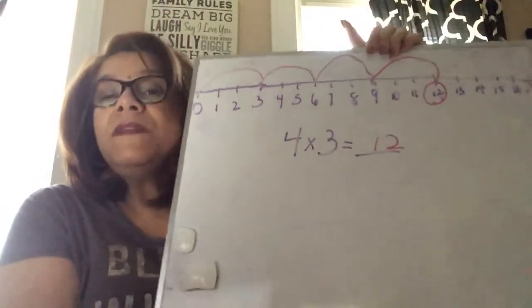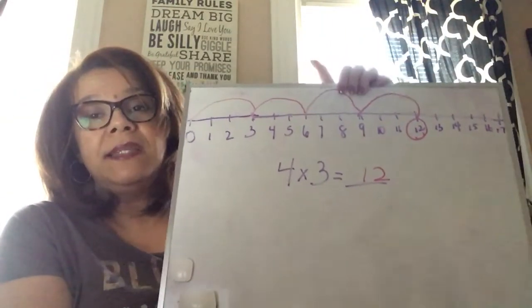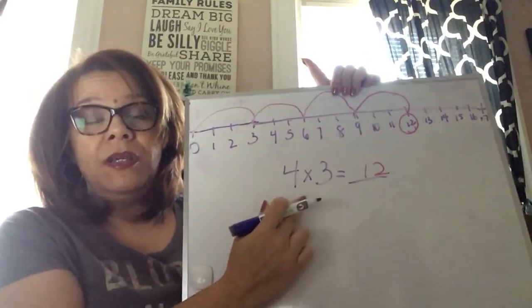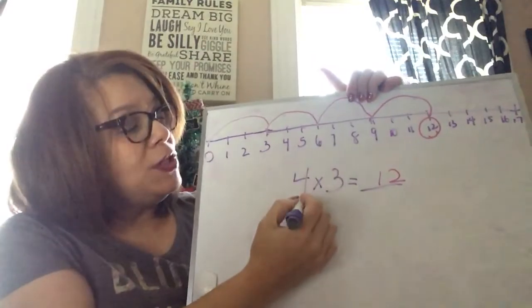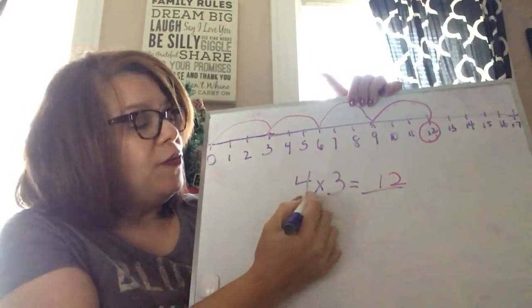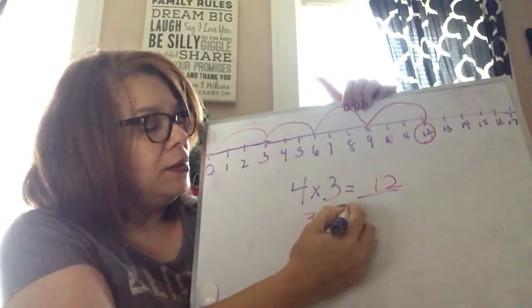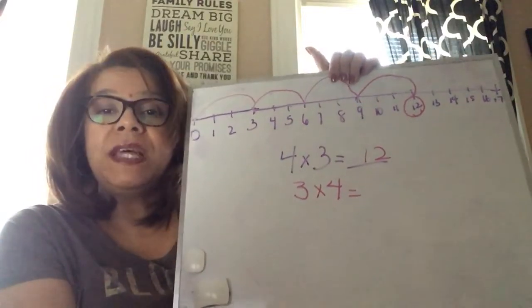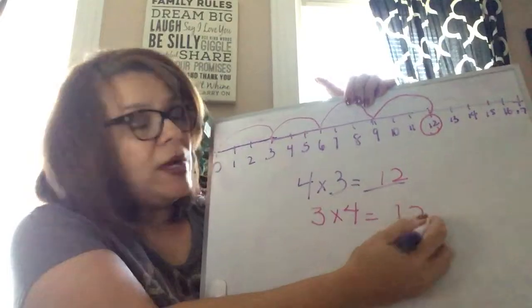Now, remember the commutative property says that it doesn't matter the order of the factors, the product is still the same. So we're going to switch the factors. From 4 times 3, we're going to write 3 times 4. If 4 times 3 is 12, how much is 3 times 4? 3 times 4 is also 12.